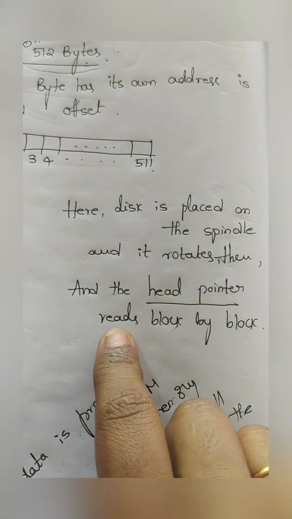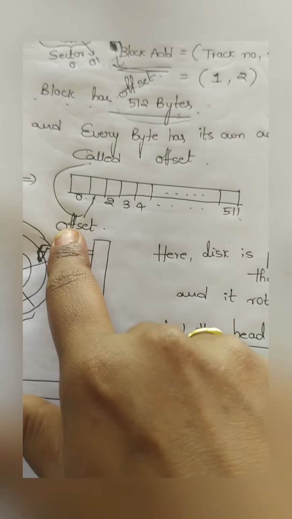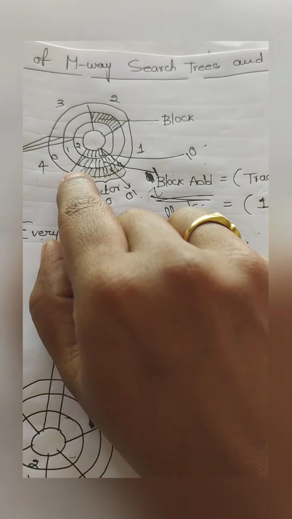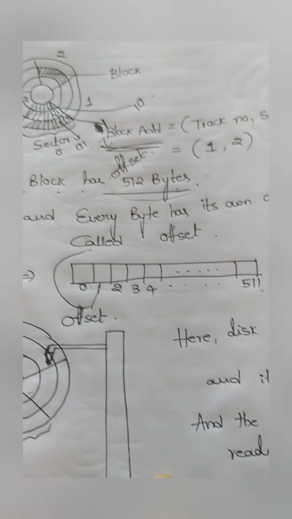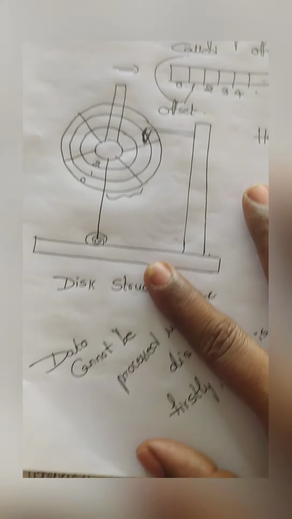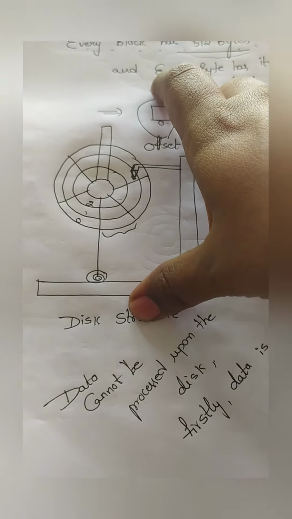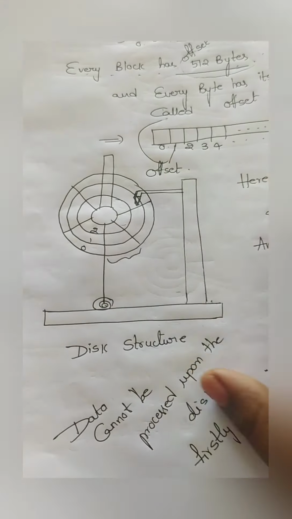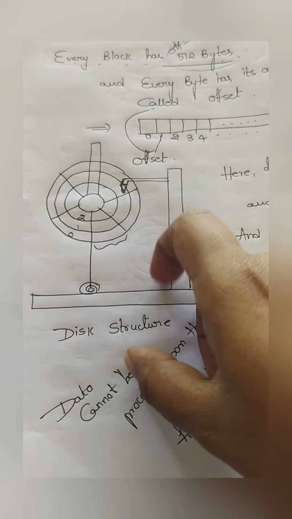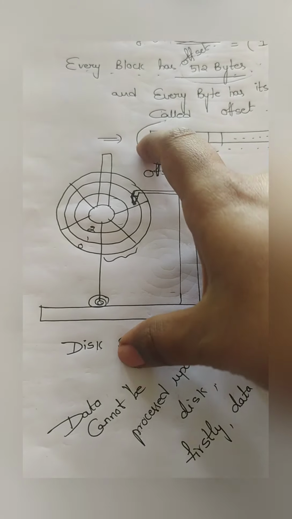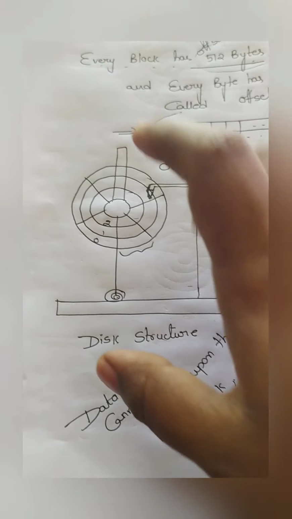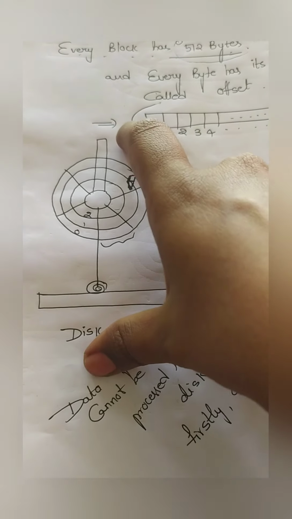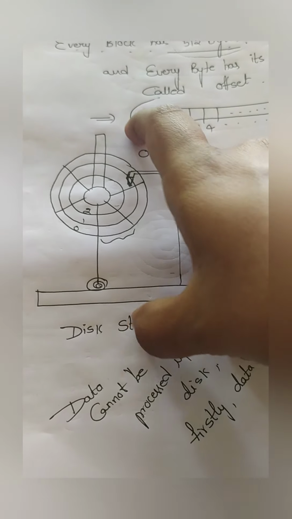Then the head pointer reads block by block. I already explained the block. So this is the disk structure. In the exam, you have to draw this disk structure roughly. You don't need colors or disks, not like that. You can roughly draw this disk structure.